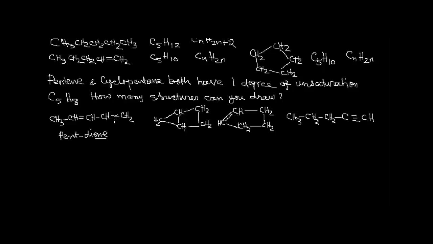When the naming comes, we'll talk about that. No, this one doesn't have 2 double bonds, so how can we call it diene? This has only 1 double bond. So what do you think we'll call this? Yes, that is cyclopentene. Good.